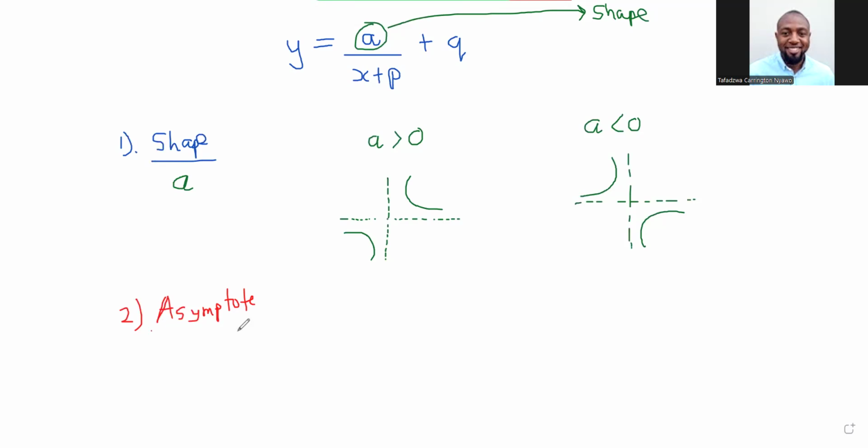So how do we write down the asymptote? The x plus p that you are seeing there: if I say it is equal to 0 and create an equation, it's going to give me the x value.